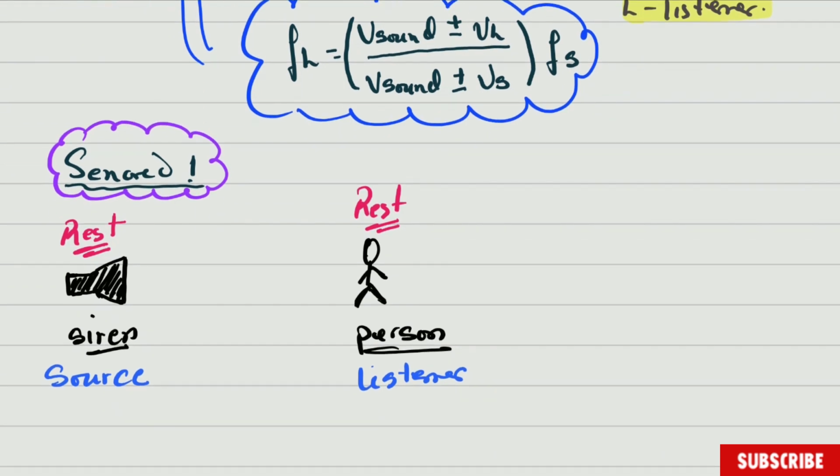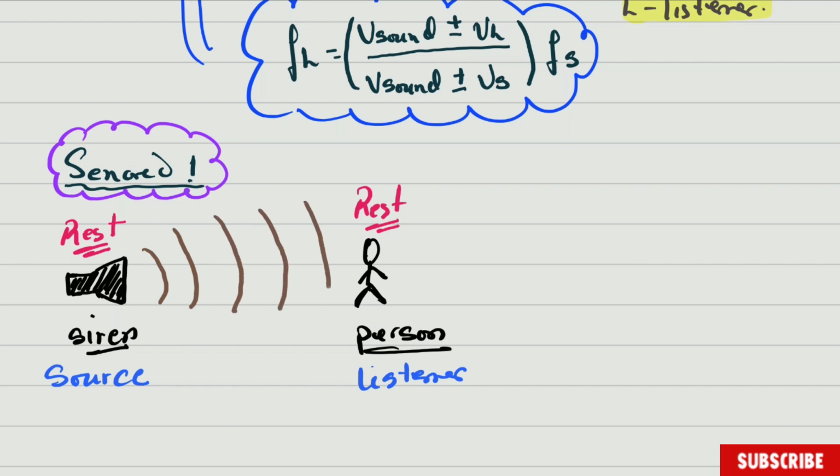Okay, guys, this is the first scenario we are going to be looking at. We have a source here on the left side, which is a siren, and we have a person on the right side, which is going to be the listener. Neither of them is moving, and this siren is producing sound of a certain frequency. If we represent sound like this, more or less this is what is happening there.